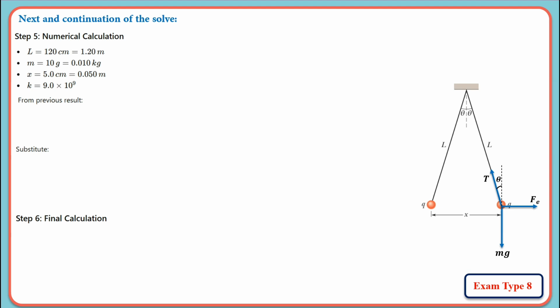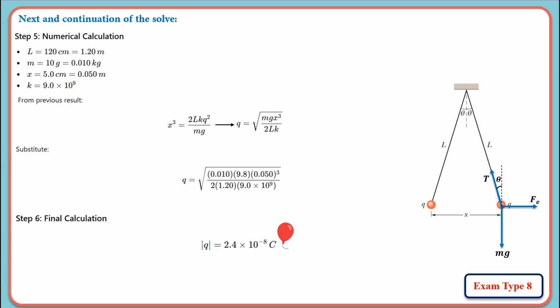Now use the equation we derived earlier. Q equals the square root of mgx cubed divided by 2lk. Substitute all the values carefully into the formula. Step 6. After calculation, we obtain Q equals 2.4 times 10 to the power negative 8 coulombs.